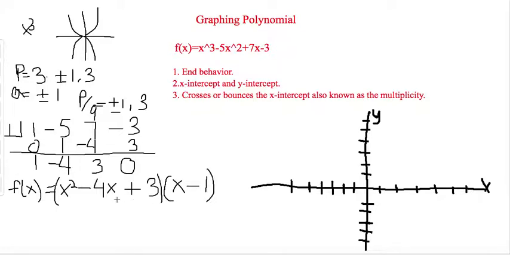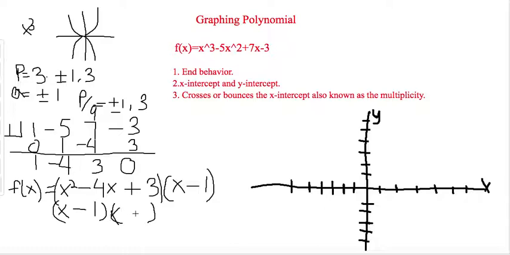And then this, we can actually factor, the x squared minus 4x plus 3. Really simple. We do not have to do synthetic division again. That's x, and then I'm going to use -1 and -3, because -1 times -3 is positive 3, and when added gives you -4.